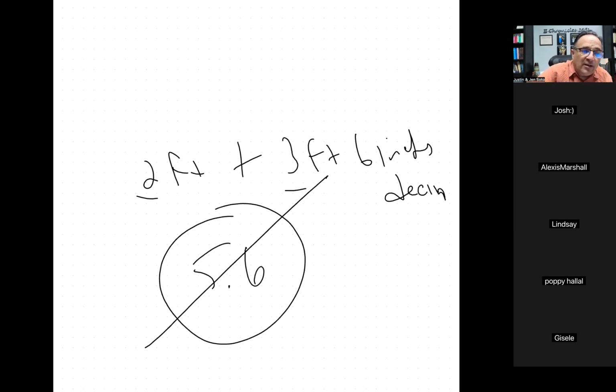Okay. Let's go ahead and do the same thing we did with the decimal and the fraction for number 5. So I have 2 feet plus 3 feet 6 inches, 6 over 12. Okay. Well, let's just reduce 6 over 12 now to 1/2, right? You all understand that 6 over 12 and 1/2 are the same?